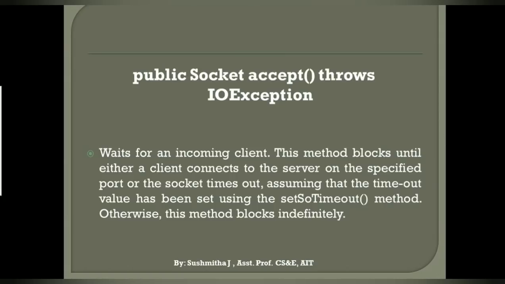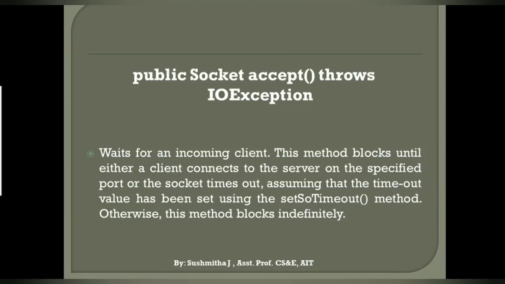When I say it is blocking, it is not allowing any other operation. That is, in the server program, if there is an accept, the execution stops there, and it is waiting for an external client to send a request.